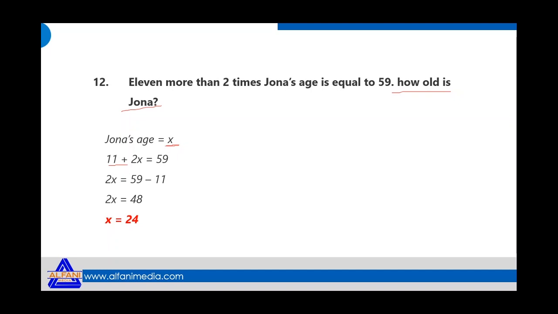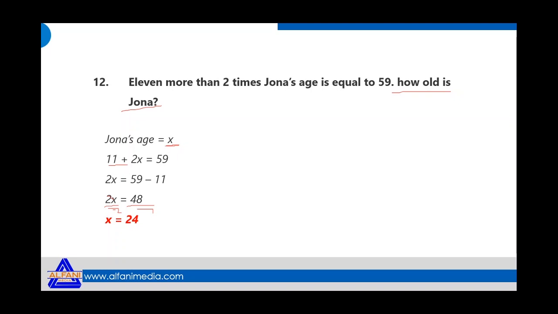So 11 plus 2x should be 59 because it's equal to 59. So 11 plus 2x equals 59. When we take the 11 across, we have 59 minus 11, so 2x equals 48. Dividing through by 2, we have x equals 24.